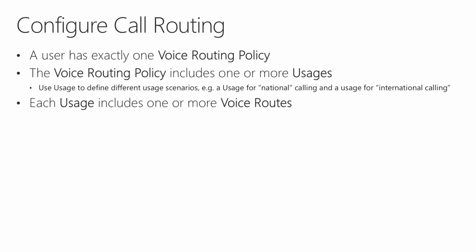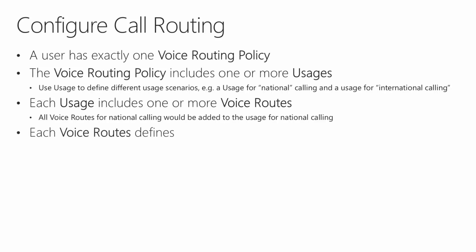Each of these usages can include one or more voice routes. So the voice route would, and we are explaining in a second what the voice route is, but all voice routes that allow national calling would be added to the usage for national calling, while voice routes for international calling would then be in the usage for the international calling in our example.